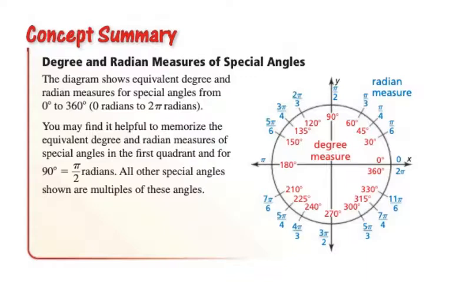So this concept summary is in your book, and it's showing you that on a unit circle, like we're studying, say you have 0 degrees, well, that's going to be 0 radians, right? But if you'll look on your foldable thing, I need green.